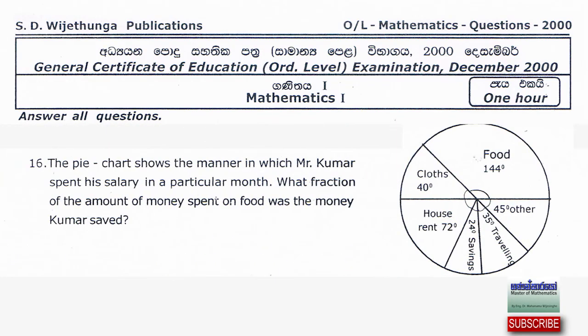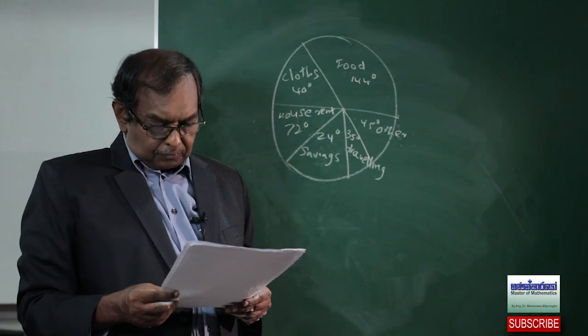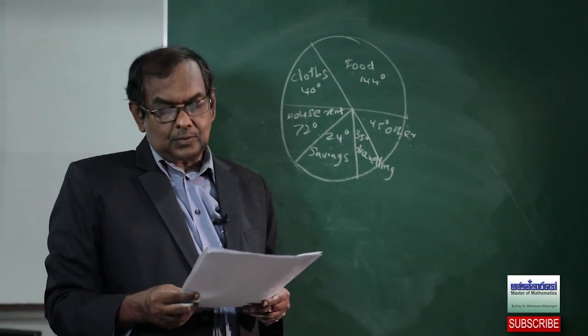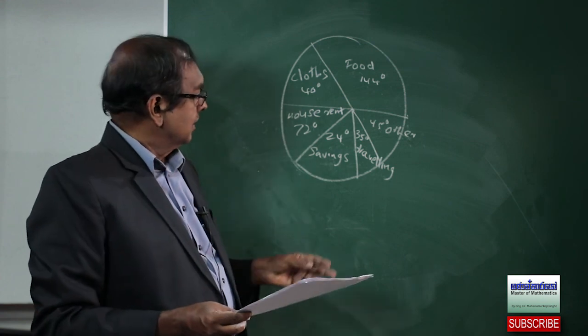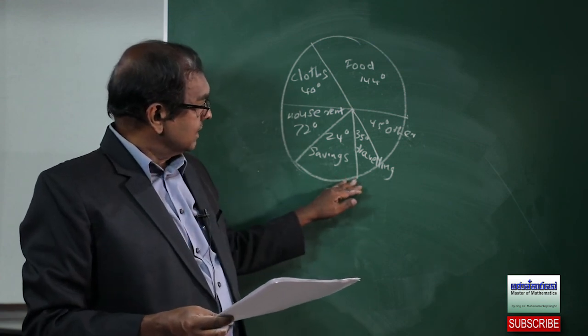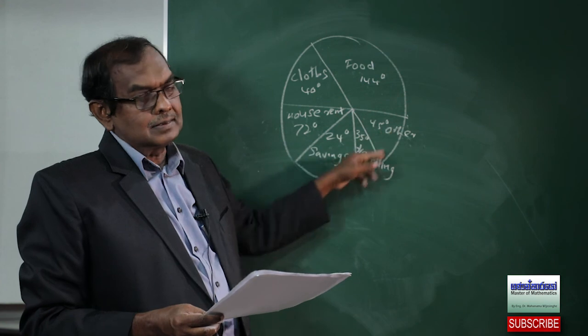Question number 16. The pie chart is given. This is one method of data representation. The pie chart shows the manner in which Mr. Kumar spent his salary in a particular month. What fraction of the amount of money spent on food was the money Kumar saved? His expenditure is given with the pie chart.